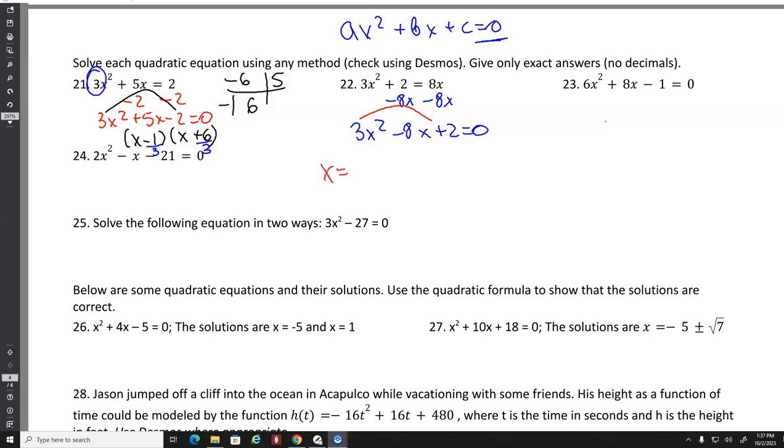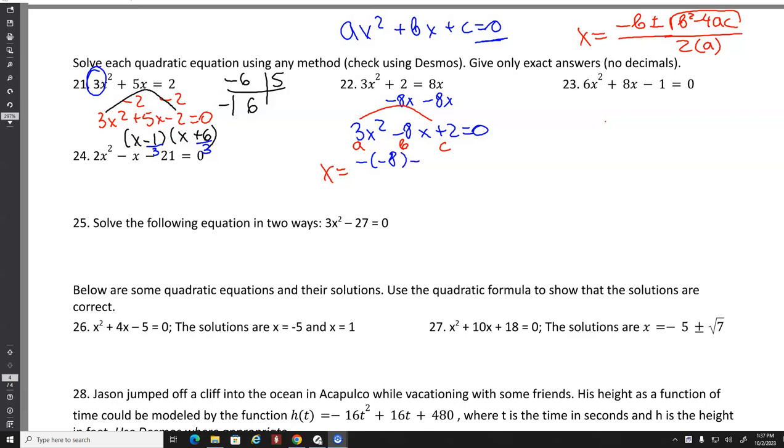So x equals, with my a, my b, and my c, remember the formula is negative b plus or minus the root of b squared minus 4 times a times c, all divided by 2 times a. So now again, I'm going to do negative b. My b is negative, so I'm doing double negatives.